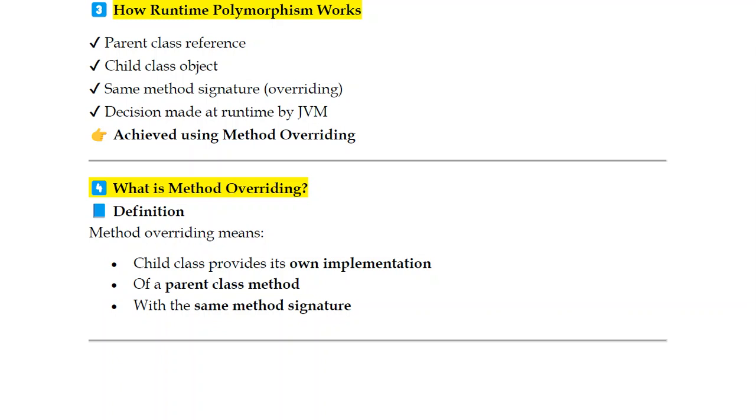These are the rules you should follow. It should maintain the same parent class method signature: if the parent method has three parameters, you have to use three parameters. If integers are used, you should use the same data types, and the order should not change. Method signature is like a structure or blueprint, and you have to use the same thing.